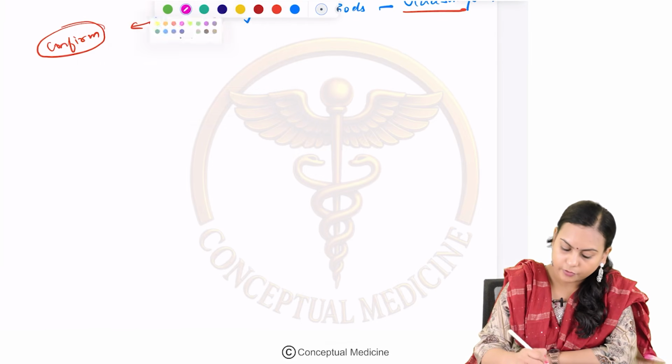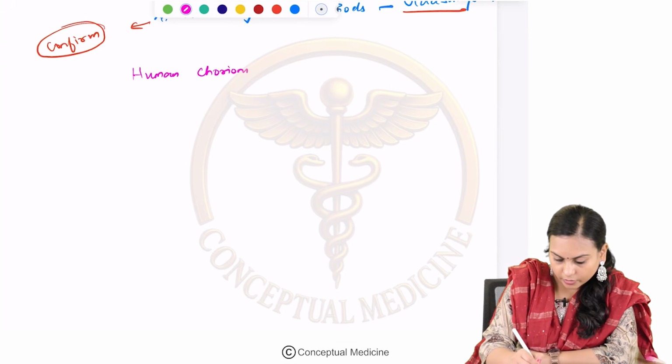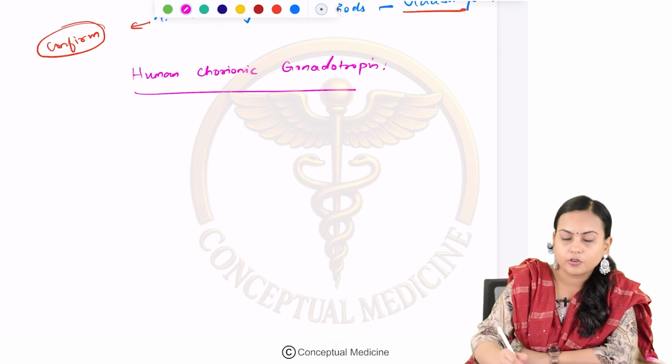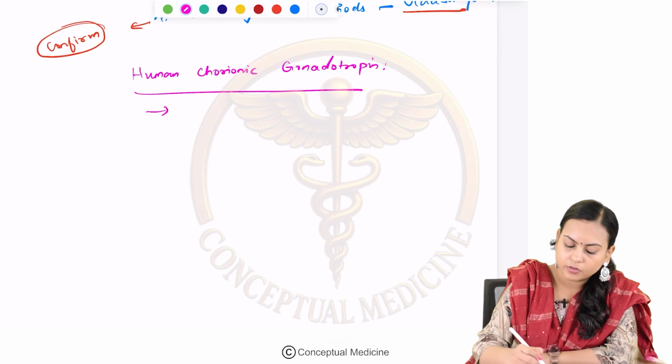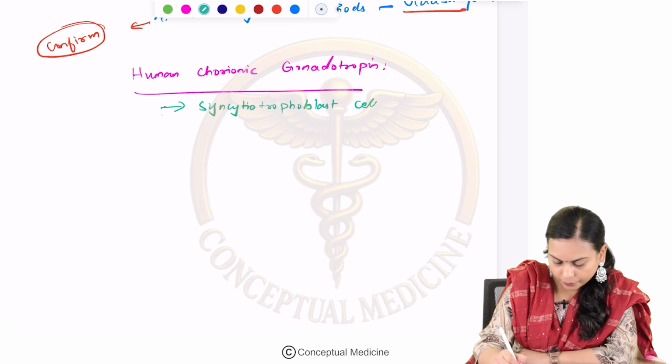So, we are going to discuss the hormone, human chorionic gonadotropin. A short revision on this hormone. It is produced by syncytiotrophoblast cells.